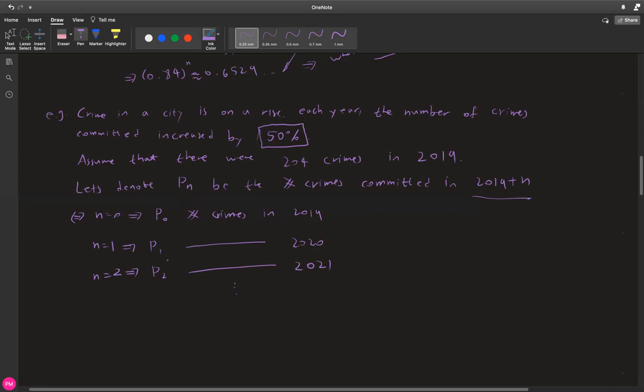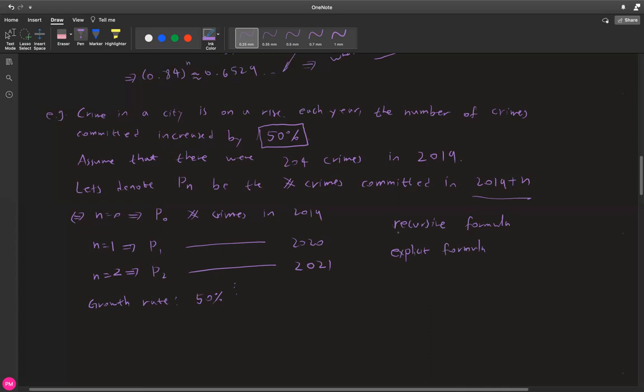So knowing that the growth rate in this case is 50%, and knowing that this is growing exponentially, we can find the recursive formula for this model, as well as the explicit formula. So how would you do that?